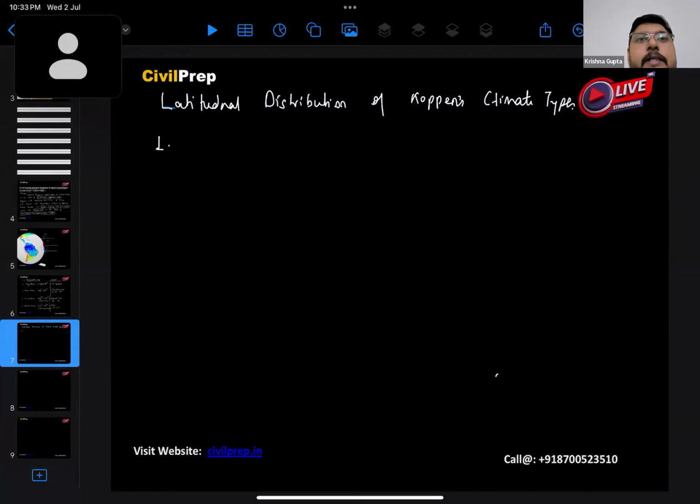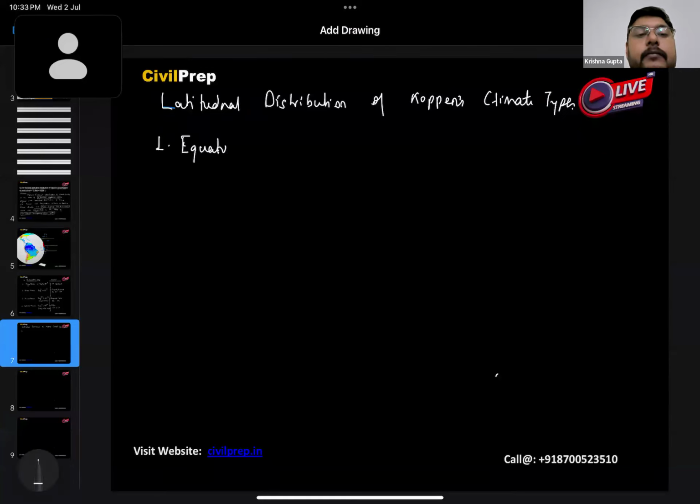Okay, so here the first climate that we have, which is equatorial, which is present between 0 degrees to 10 degrees north and south. So here the climatic type which we will be seeing is AF, that is tropical rainforest.